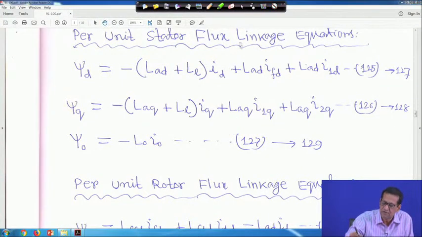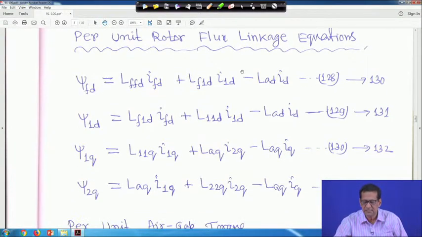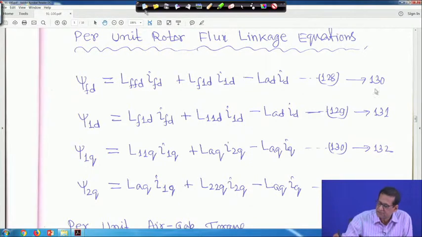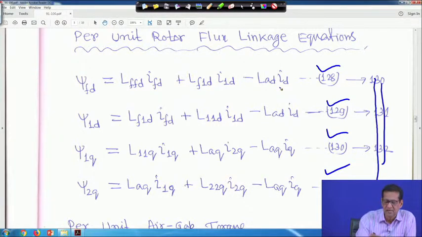Similarly, the per unit flux linkage equation. In this case, you will see only this equation number. So, psi FD is equal to LFFD IFD plus LF1D I1D minus LAD ID. This is a summary only, but everything is in per unit, with the bar removed.